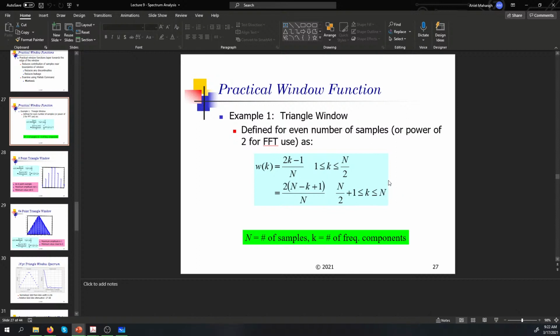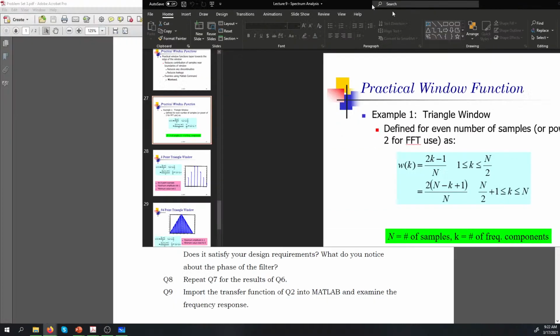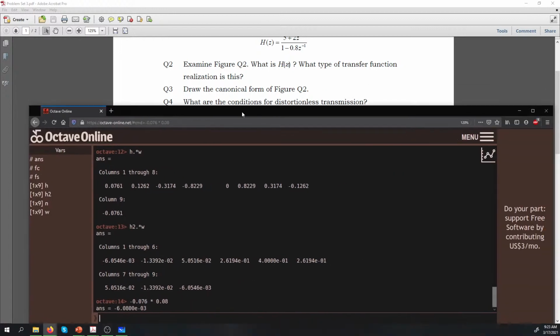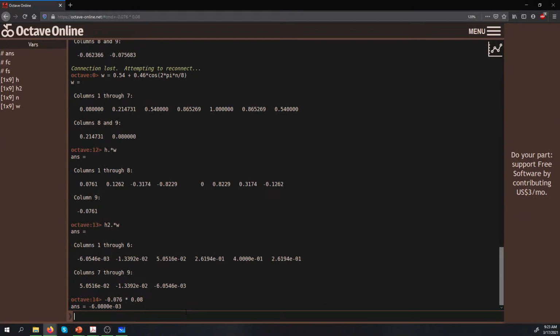So in our case here, let's see how I'm going to do this in Octave. Bring this back across there, our triangle window. Then bring Octave back here. We want W of t here, which is our triangle, but we're going to need k first. So let's say k here. We had N, which was 9.